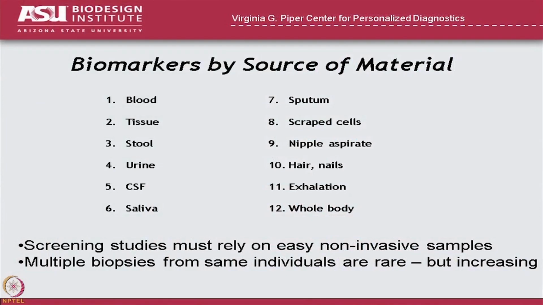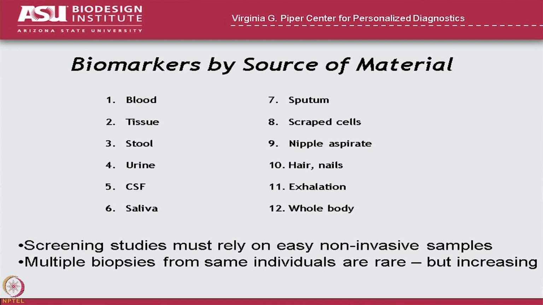Okay, so I mentioned that you can look for biomarkers based on the source of material. These are just some of the types of materials that you could use to get biomarkers from. Certainly, blood is a popular one. Tissue is a popular one. Well, I should say blood is popular. Sputum is good. Urine is good. Tissue, really only in the case of cancer.